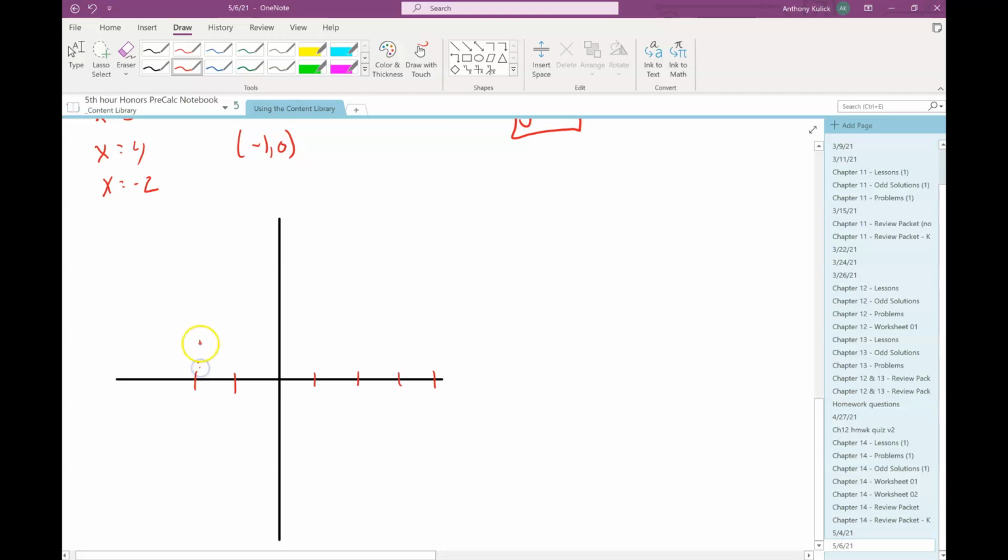So we have this one at -2. We have this one at 0. We have this one out at 4.